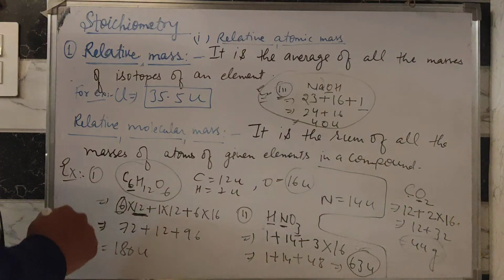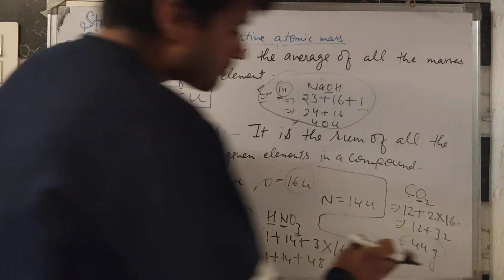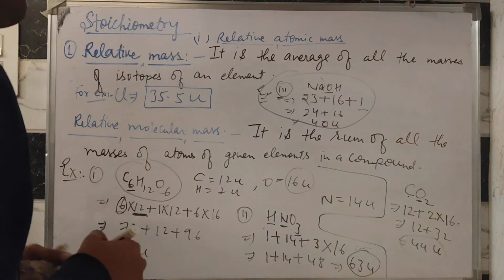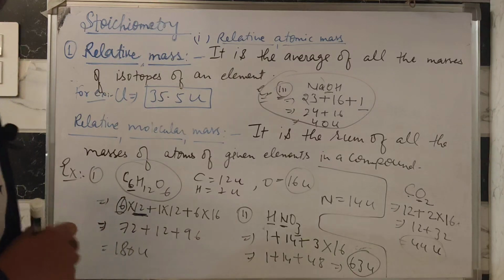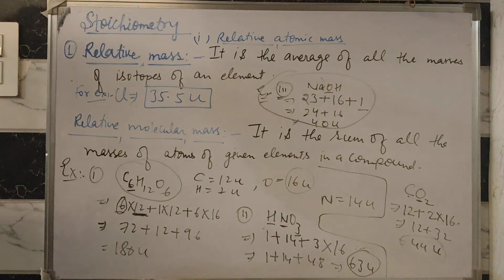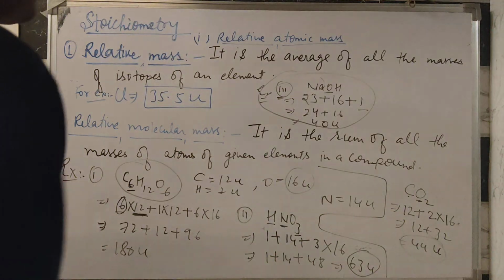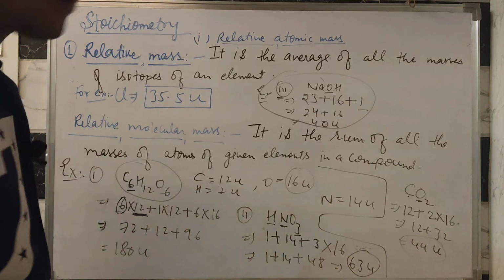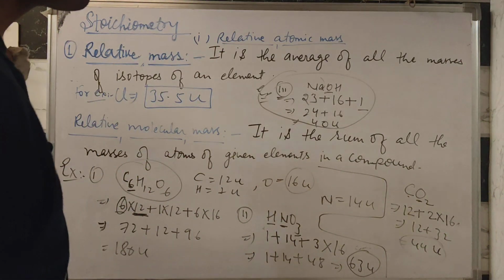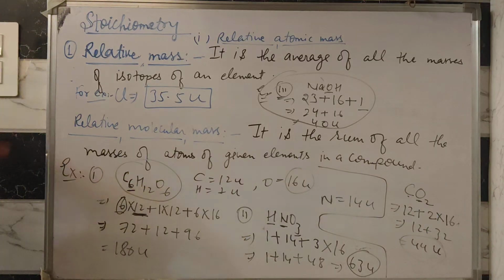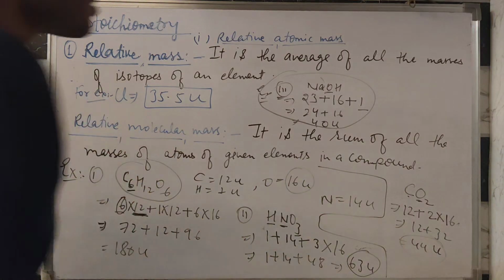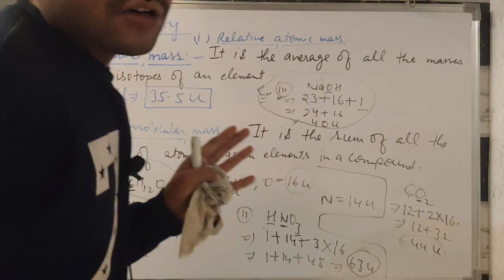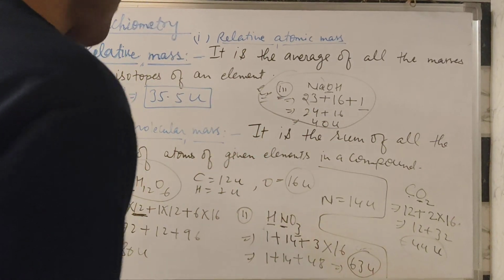This is the molecular mass, and if you are talking about molar mass, then you write the value in grams. This easy trick will help you calculate the number of moles in a given question. This is how I have explained the concept of relative mass and how you can easily calculate the molecular mass of a given compound.